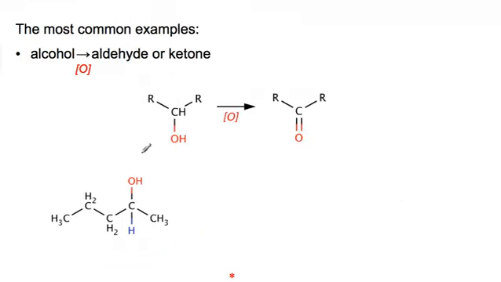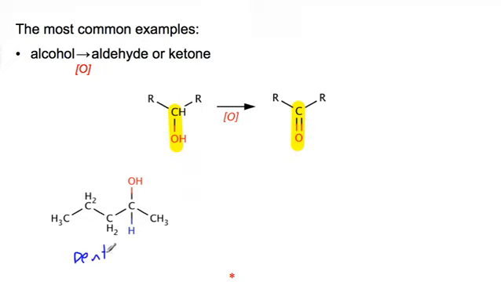Okay, ketones also then are formed by oxidation. So here's my secondary alcohol, and it gets oxidized to a ketone. So there's my C double bond O carbonyl group within the chain. So secondary alcohols get oxidized to ketones.